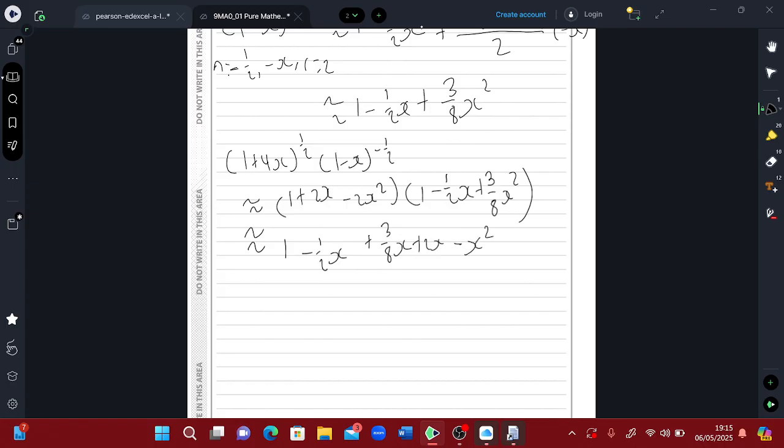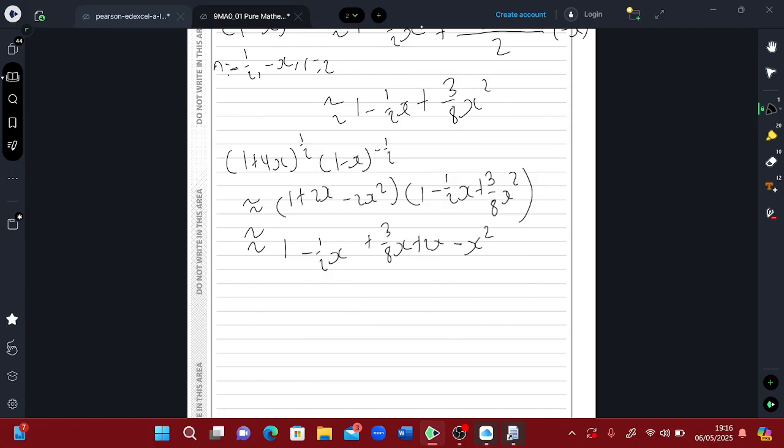Now actually, x times x squared goes to x cubed. The answer only goes up to x squared, so we don't need to do that product. Okay, we can ignore that. So we only need to go to x squared with this expansion here.